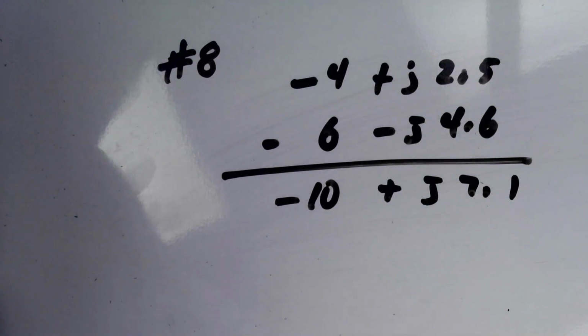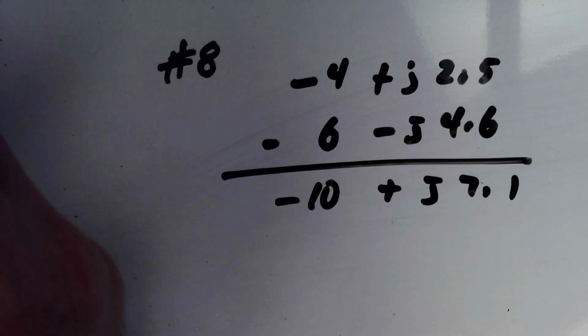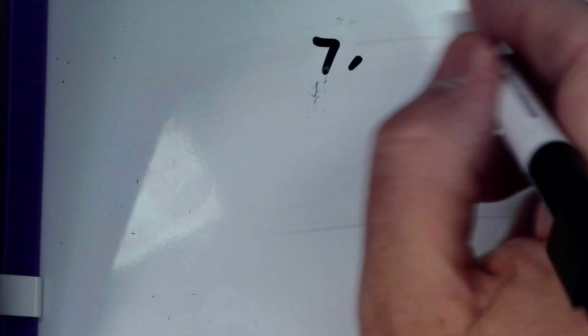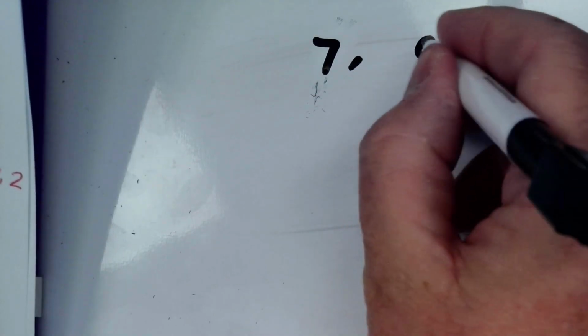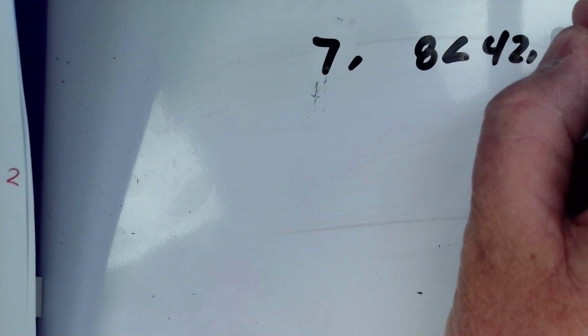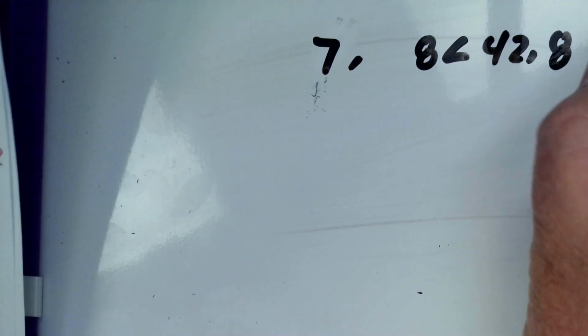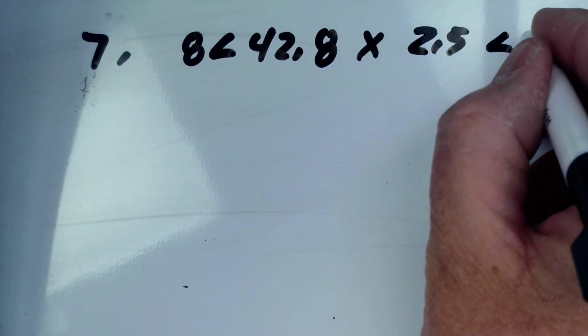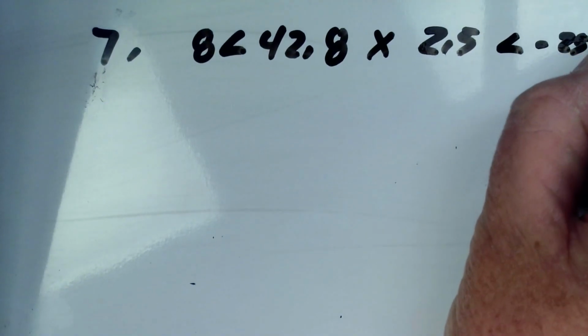And then while we're at it, let's do number 6 here, no, let me do number 7 because that's a polar. Number 7 says 8 at an angle of 42.8 times 2.5 at an angle of negative 25.3.